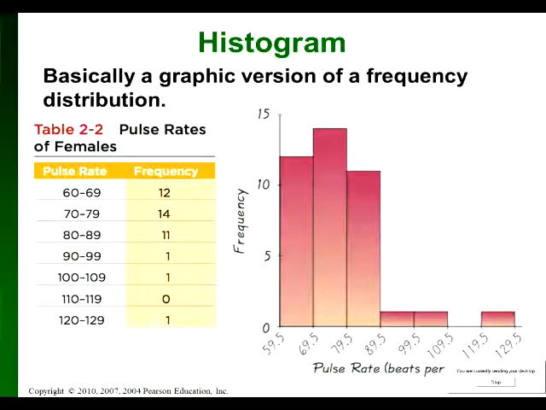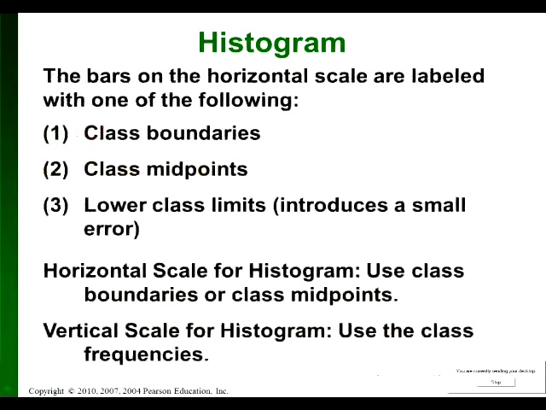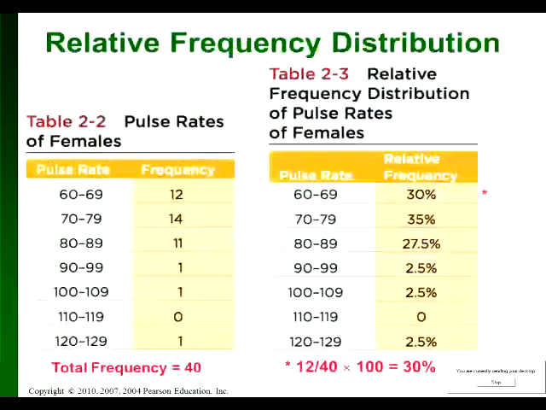Or you could have counted how many numbers were given to you on the initial data table. But since you already have the frequency distribution, just add up all the frequencies. So here was our frequency table for the pulse rates.